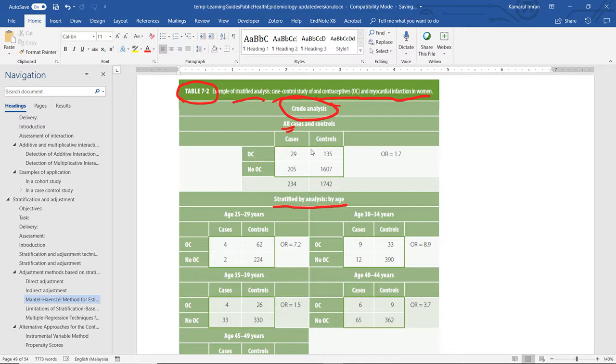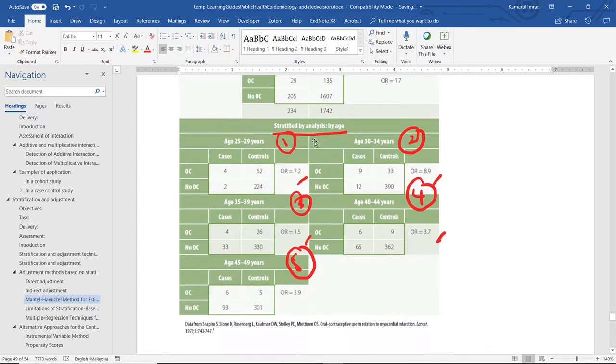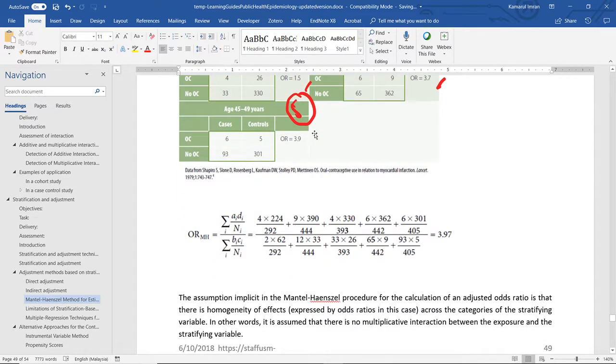So we have how many? 1 stratum, 2, 3, 4, and 5. We got 5 strata, and we calculate the odds ratio for the stratified analysis. But for Mantel-Haenszel, the formula is a bit more complicated, and then this is the odds ratio for Mantel-Haenszel.